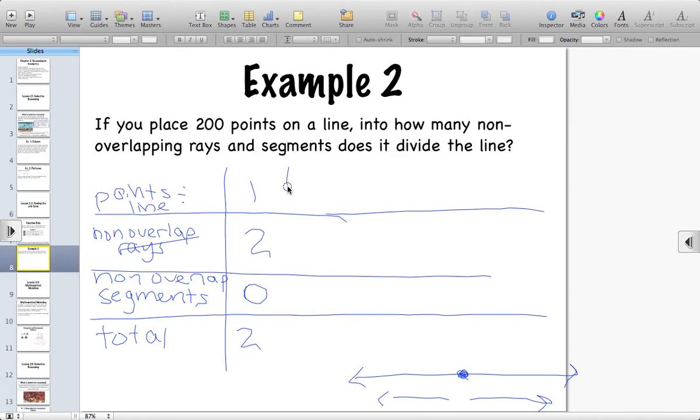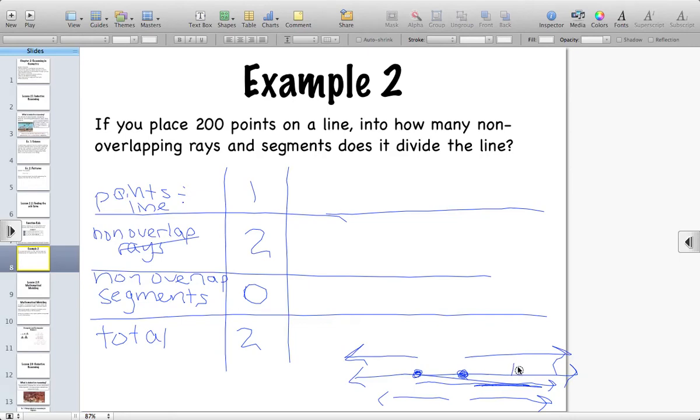So then, let's say, okay, what happens when I add 2 points? Well now, again, non-overlapping, that's the key here. So I have a ray going this direction, and I have a ray going this direction. But if I say here to here, technically that's a different ray because it has a different endpoint, but notice that it overlaps with the second ray we drew.